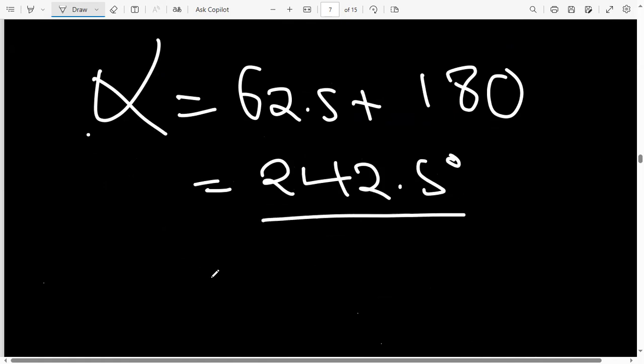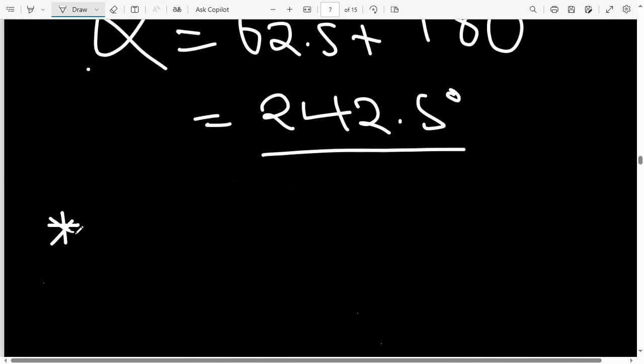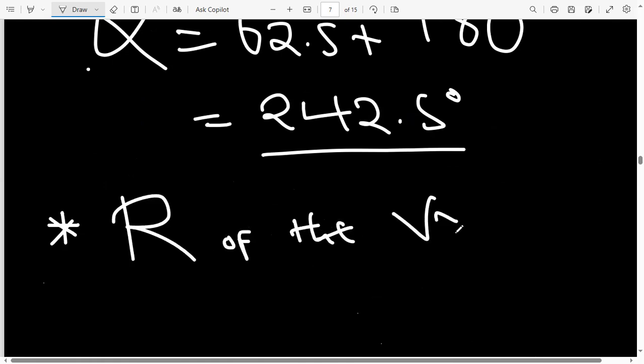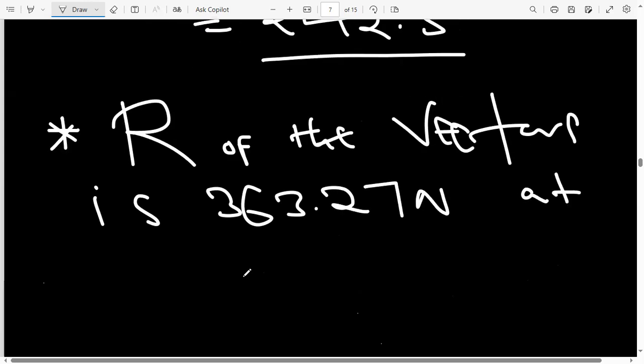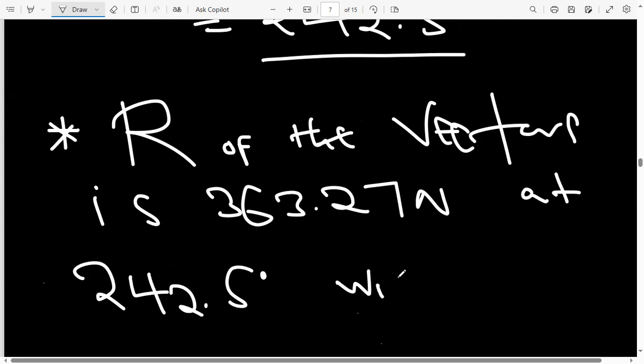And then what was our resultant? Once you are done finding the direction, you can state the resultant of the vectors that we were given. The resultant of the vectors is 363.27 Newton at an angle of 242.5 degrees with respect to the positive x-axis.